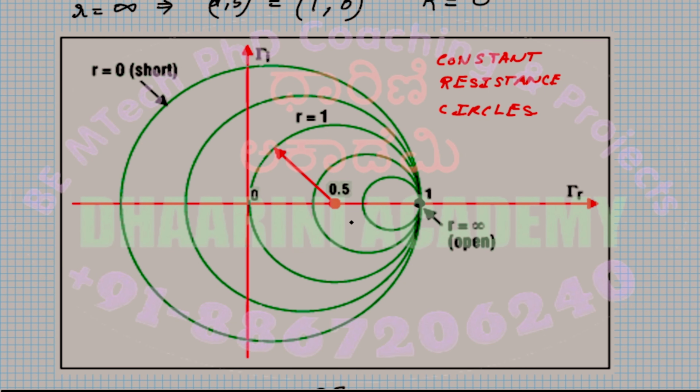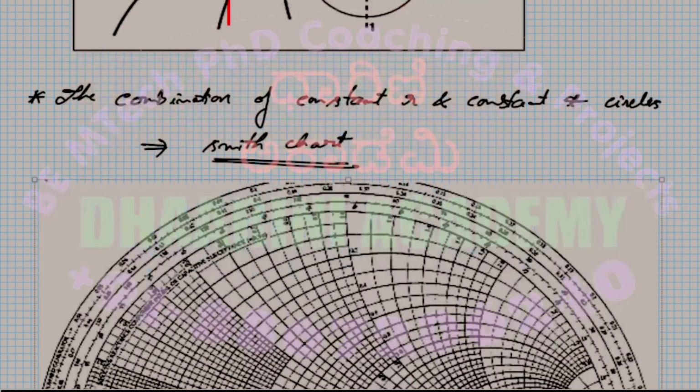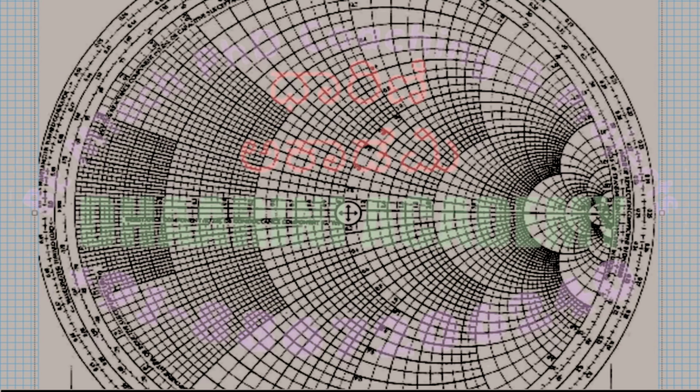There you can see the complete circles over there, right? So the outermost circle corresponds to the short circuit, and the dot which is present at the point 1 is the R equal to 1 circle. So let me try to slightly reduce the size.